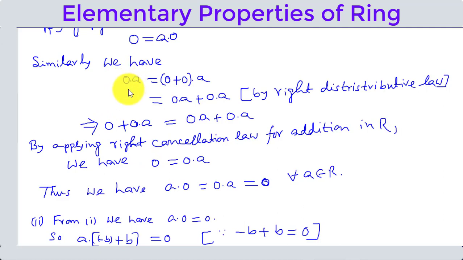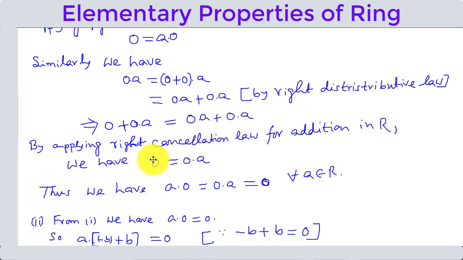Similarly, we have 0 dot a is equal to 0 plus 0 dot a, since 0 is equal to 0 plus 0. This is equal to 0 dot a plus 0 dot a by right distributive law. Implies that 0 plus 0 dot a is equal to 0 dot a plus 0 dot a.